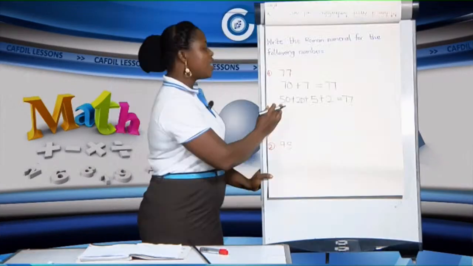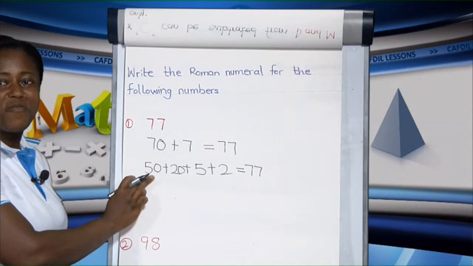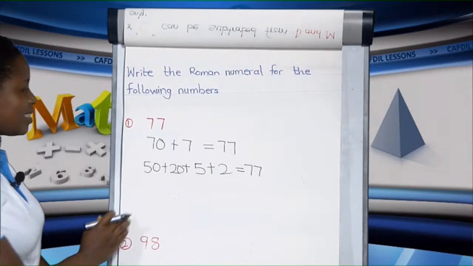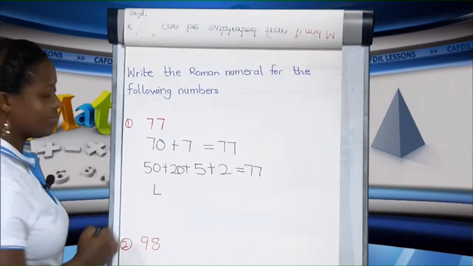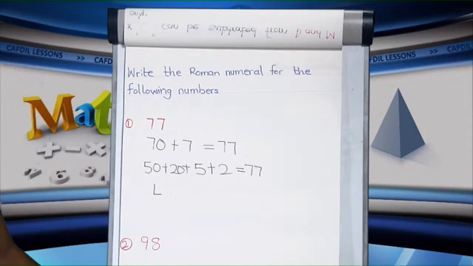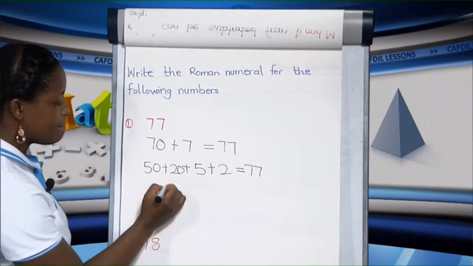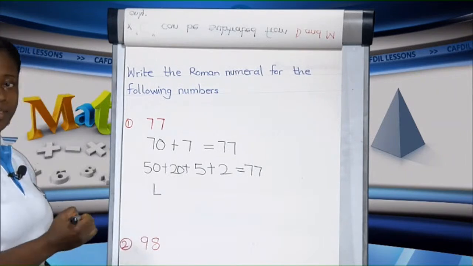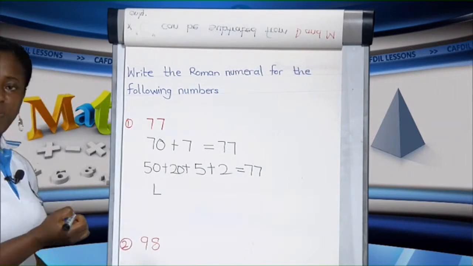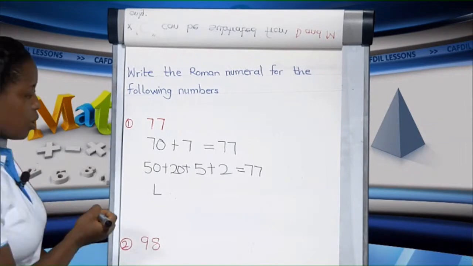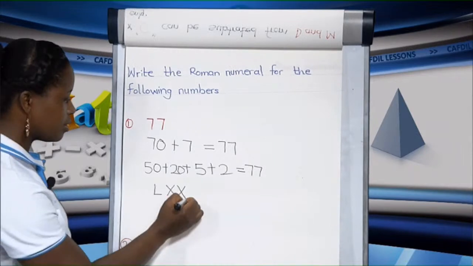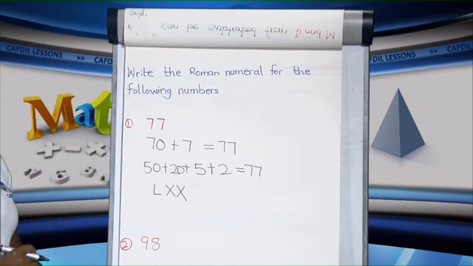Now, we know the symbol for 50. That symbol is L. And then 20. We know 10 to be X. We can repeat 10, so it's going to be XX. So this one is for 20. We are not done.